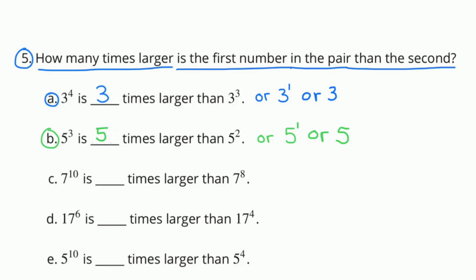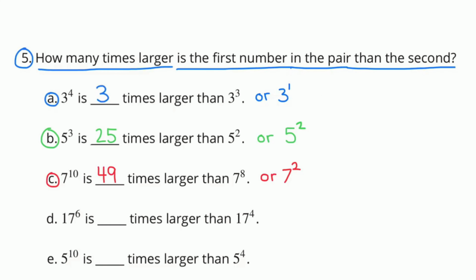B. 5 to the third power is how many times larger than 5 to the second power? 5 to the third power is 5, or 5 to the first power, times larger than 5 to the second power.